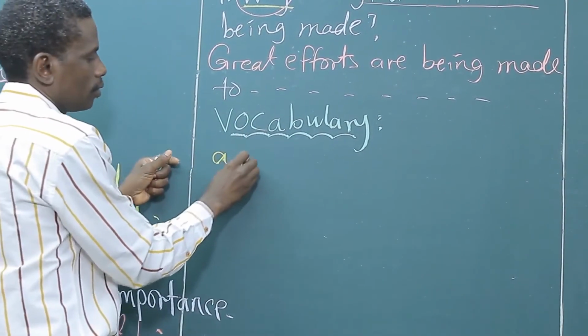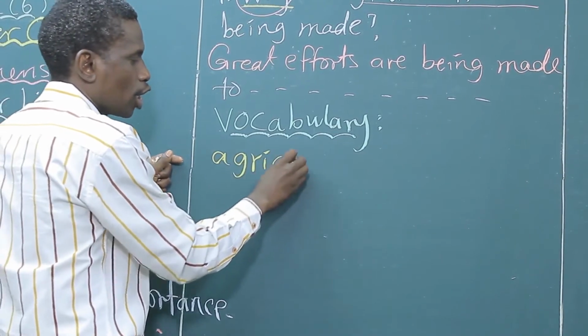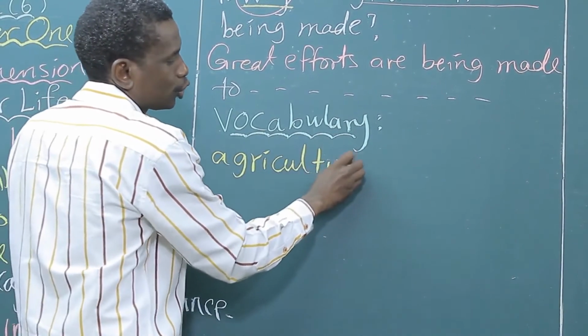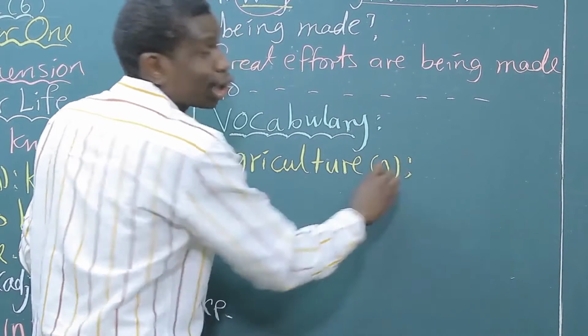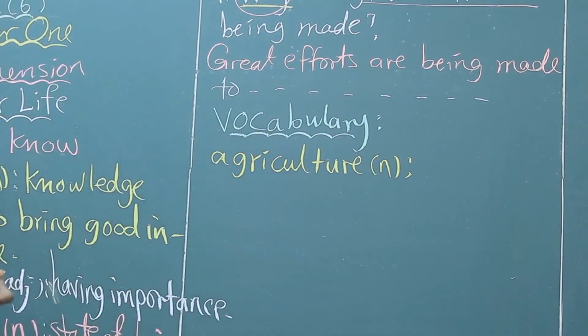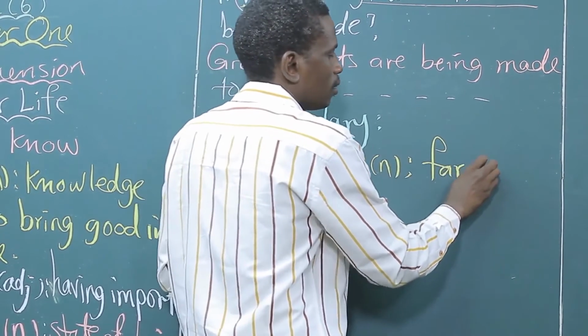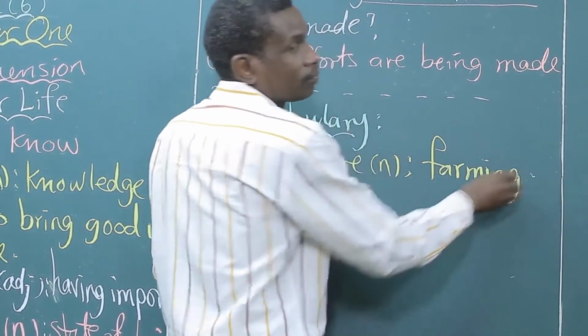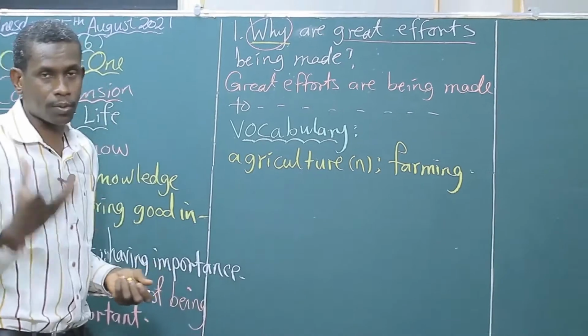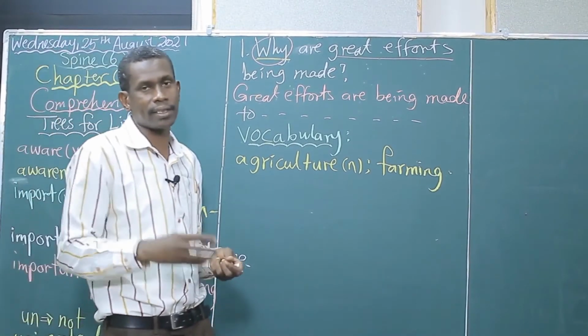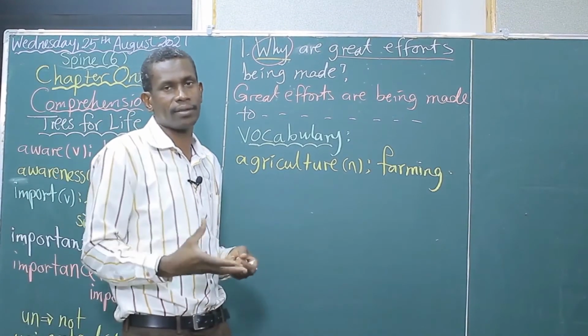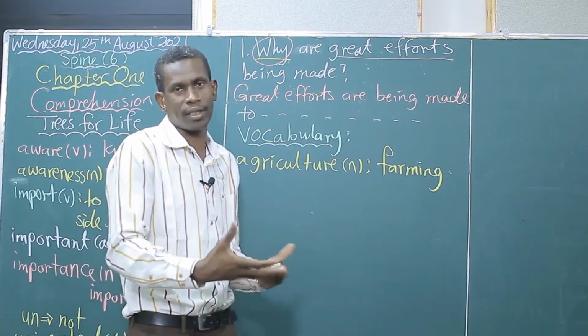Agriculture. Agriculture means farming. You know farming? Planting crops like vegetables such as mangoes, guavas, bananas. This is when you grow something like that.